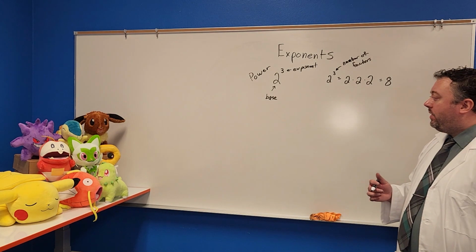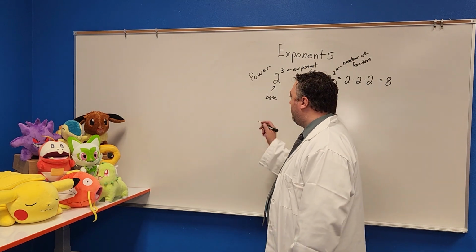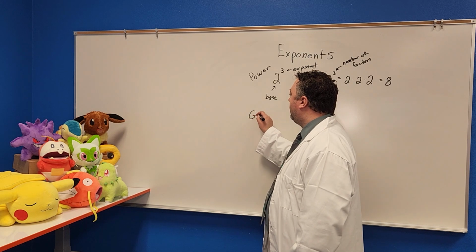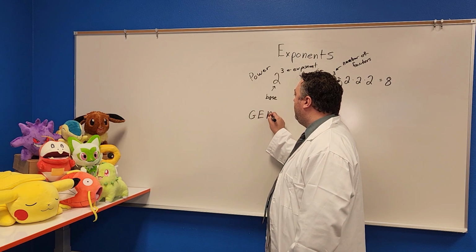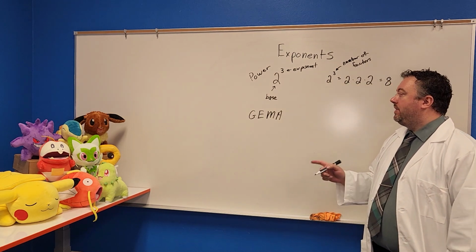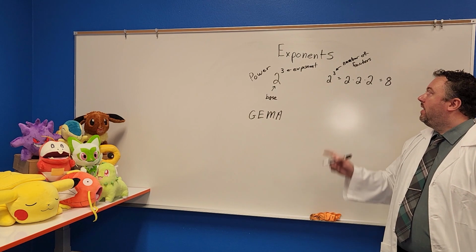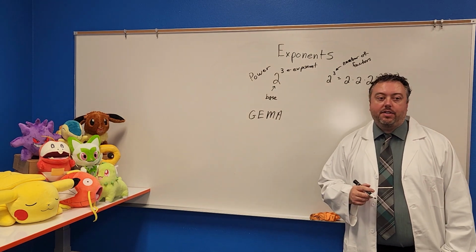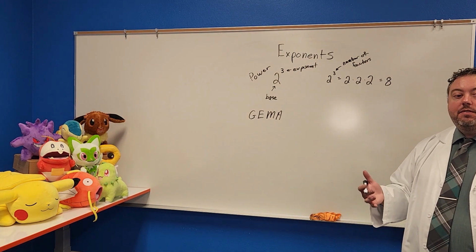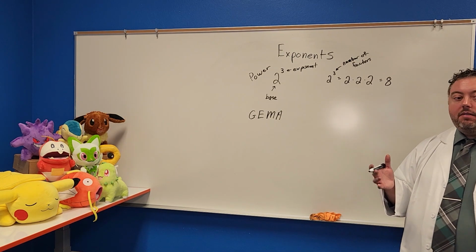Remember, in an earlier video when we were talking about simplifying expressions, we used the acronym GEMMA: grouping symbols, E for exponents, M for multiplication, and A for addition. So let's look at simplifying expressions when we have an exponent involved.